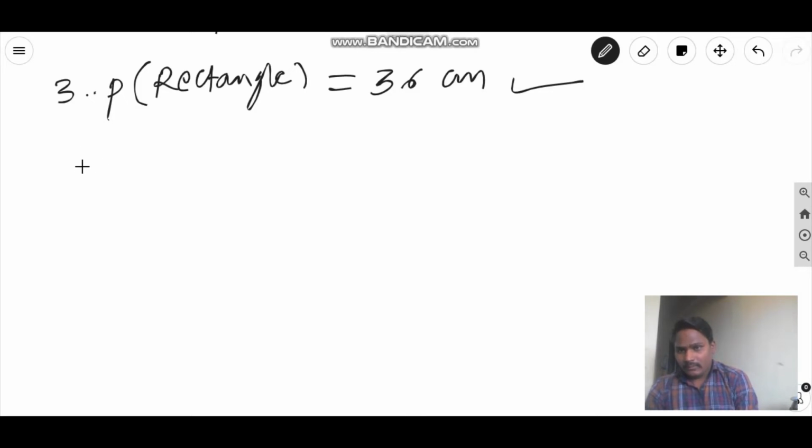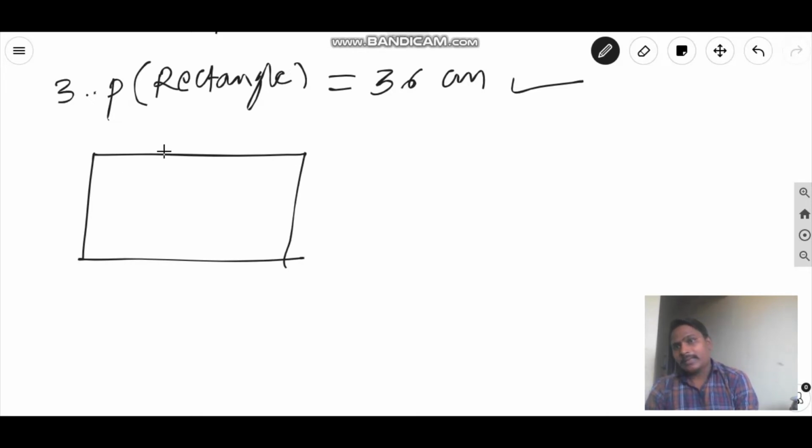Now for your information, I am drawing a rectangle. We know the properties of a rectangle: opposite sides are equal, all angles are 90 degrees, and the diagonals bisect each other. But what is important to us is, let this be rectangle ABCD.